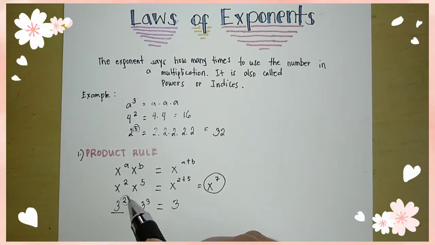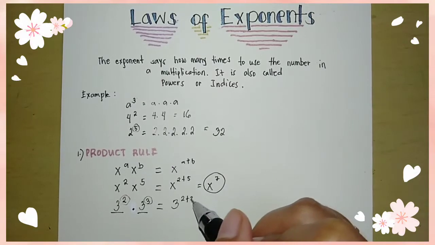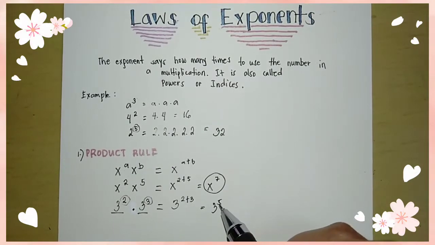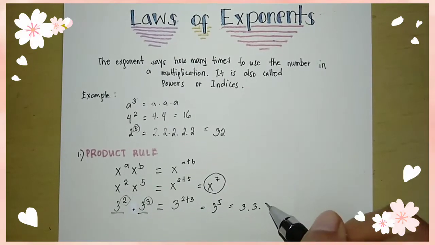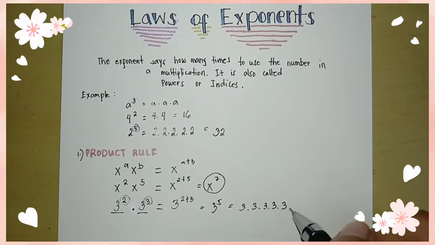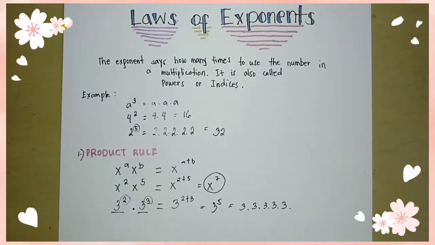Kailangan i-add natin yung exponent nila, okay? So, we have 2 plus 3 is equal to 3 raised to 5, tama? And then, of course, i-expand natin. 3 times 3 times 3 times 3 times 3. 1, 2, 3, 4, 5. Kasi nga, kailangan i-multiply si 3 ng 5 beses sa kanyang sarili. Okay? So, the answer will be 243.